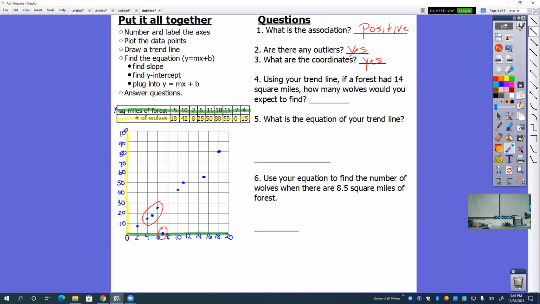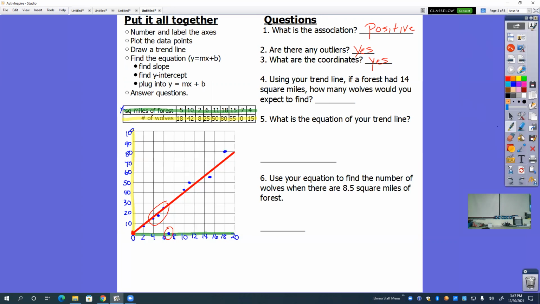Okay, and then we draw our line of best fit. And so then our line, we go from 0, our y-intercept for our b is at 0.